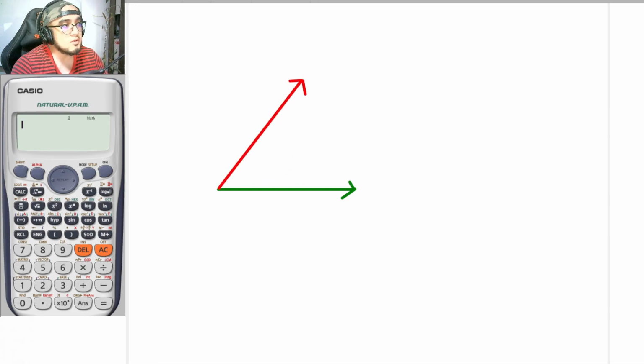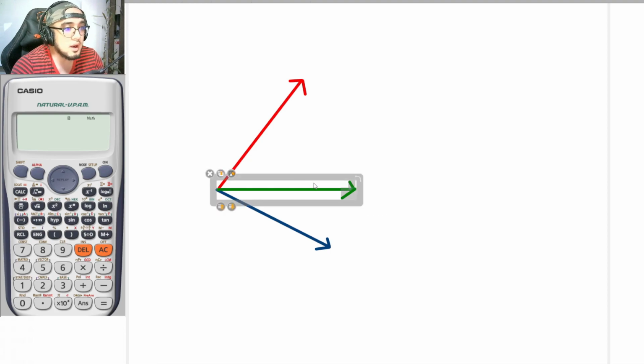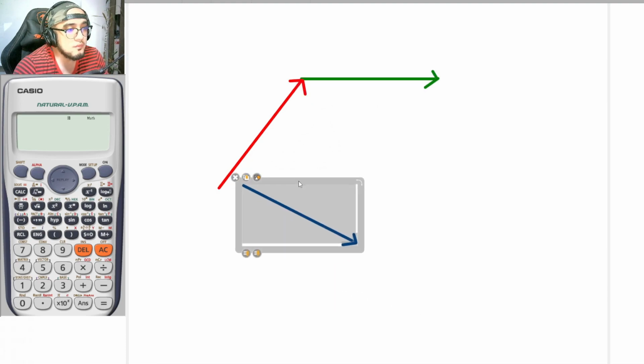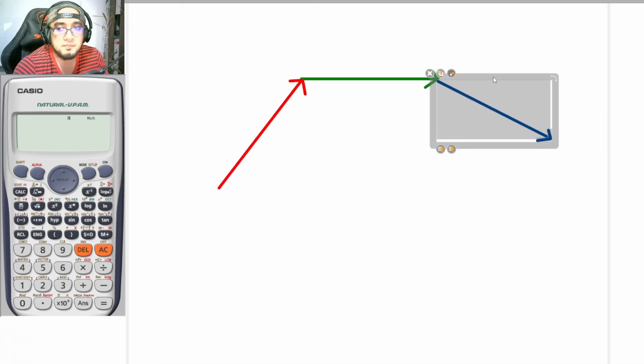Then let's say we have another vector here. If we would now be adding these three vectors, and I rearrange them in a tip to tail arrangement, let's say I will be moving this to here, and I will now be moving this here.